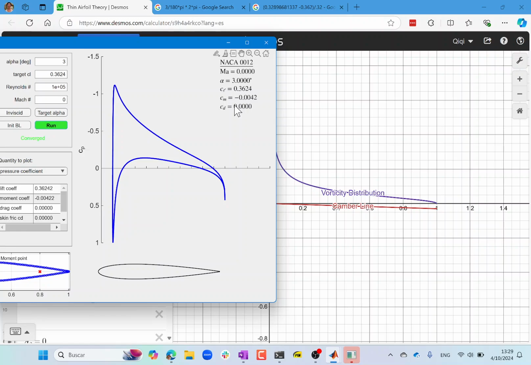So what I saw here was CL is equal to 0.3624, CM is equal to minus 0.0042, right? Where is the center of lift? How far is it from the quarter chord?